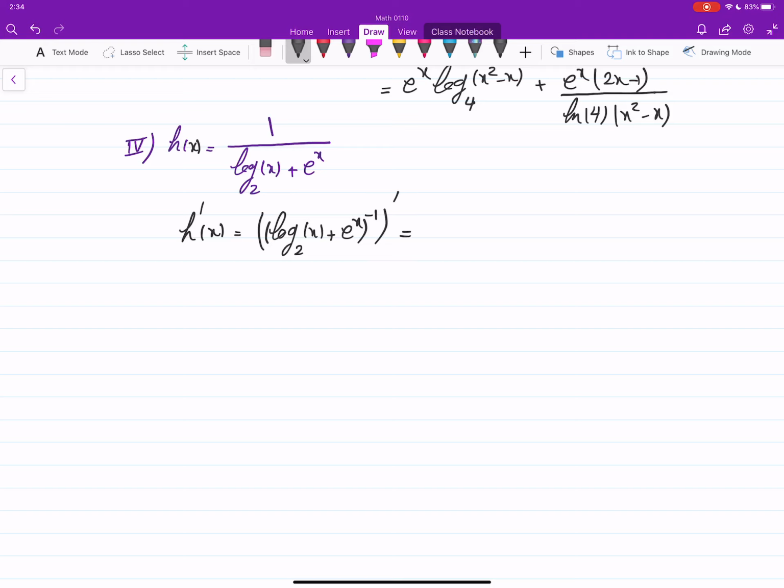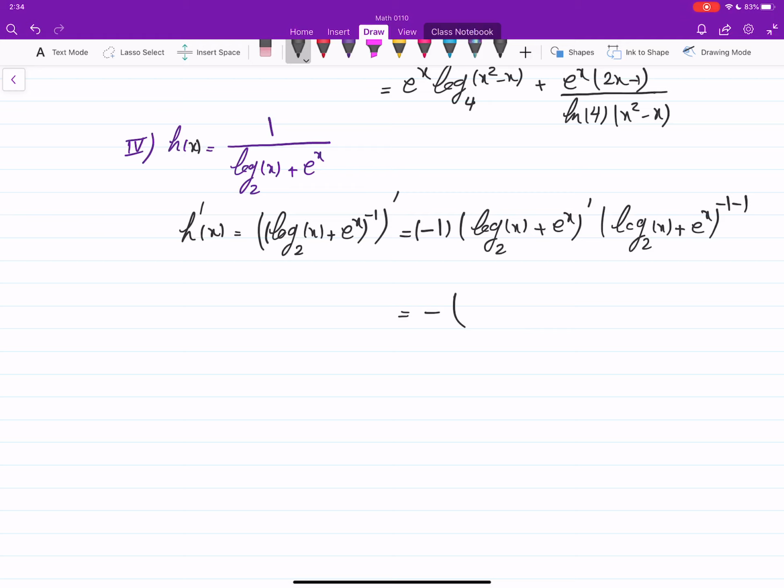Then with the power rule, -1 comes up front. You have to find the derivative of this guy and then multiply it by the function to the power 1 less than the original power. Here, this is negative.